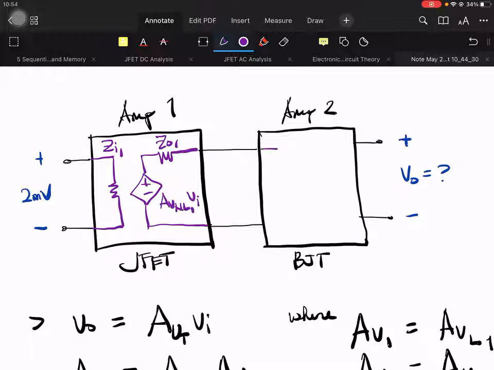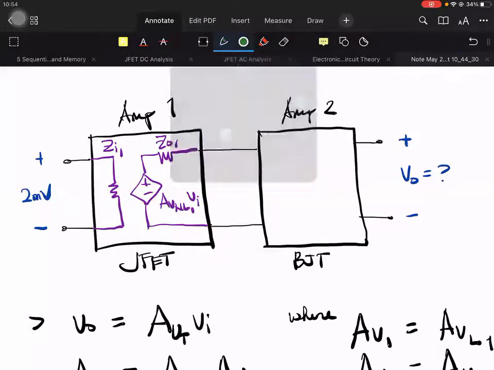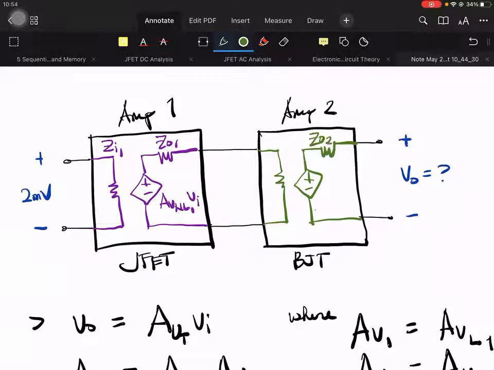Of course, makakuha pa tayo ng AVNL: ZO2, ZI2, AVNL2.